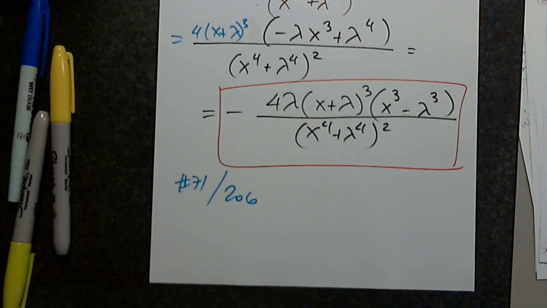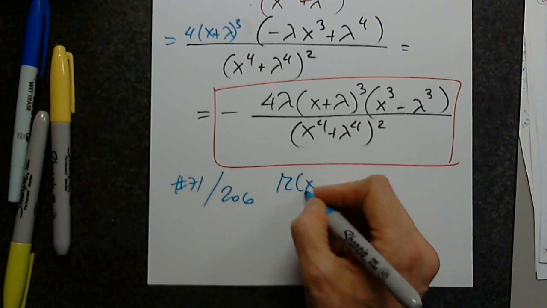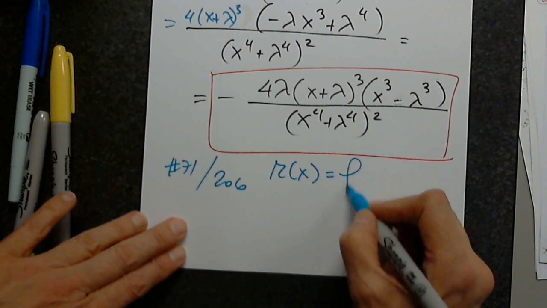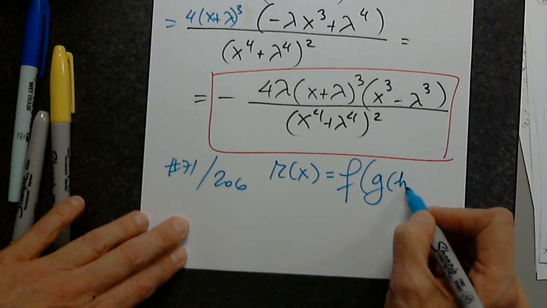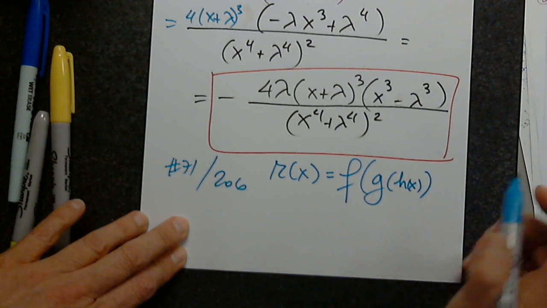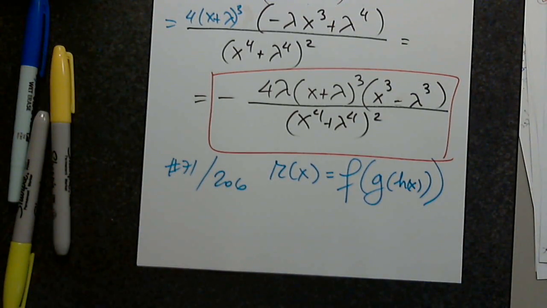On 206. Let R of x, look at this. R of x is f of g of h of x. So I need parentheses for x, I need parentheses for g, and I need parentheses for f. Let's see what they want.